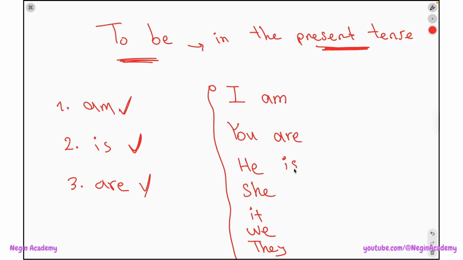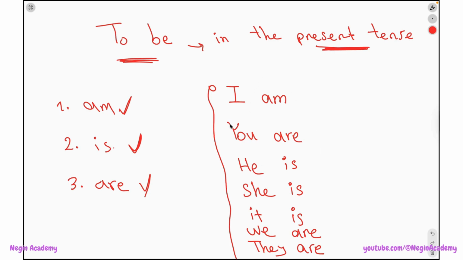He is. From now on, it's super easy. For she, again, we have to use this to be verb is. For it, again, we have is. For we we have are. We have to say we are. And for they, we have to say they are.